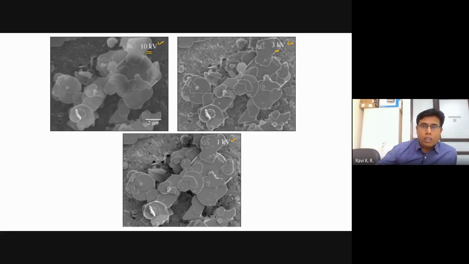What you can see here is as we decrease the kV, the resolution is better. You can see that the feature sizes are much better here. So this gives us an idea that if we decrease the accelerating voltage, the resolution should improve. This is the information we are getting from this particular image.